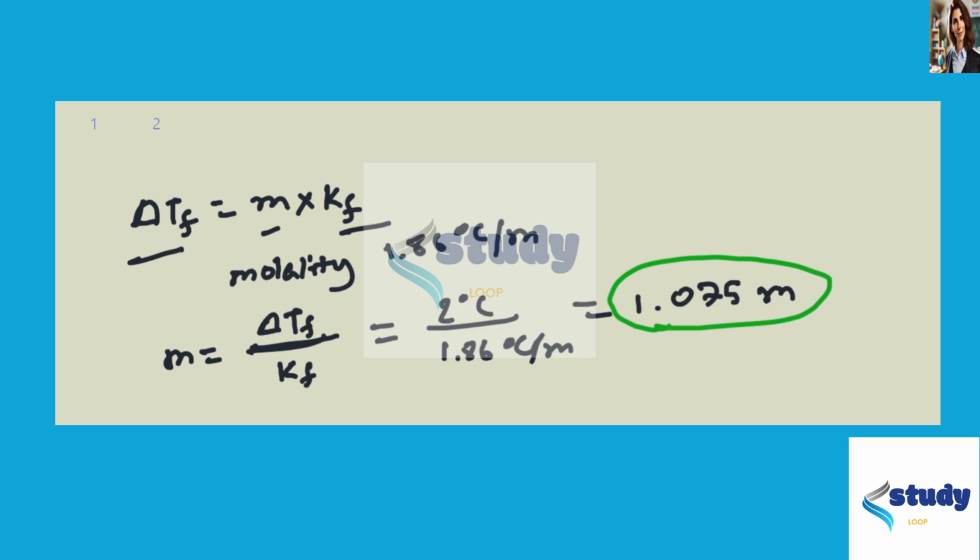And then we have to find out how many moles of acid and base we have here. We will use the value of the molality to find that.